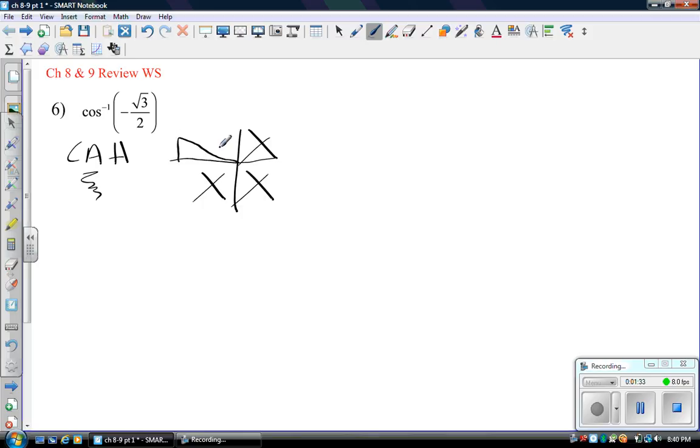That's a 30-degree angle right there, a 30-degree reference, because the adjacent is the longer one, the root 3 over 2. Now all I have to remember is inverse trig gives me angles, so the final question is, what is that angle of rotation to get there?